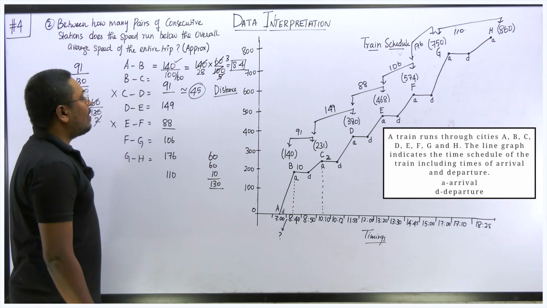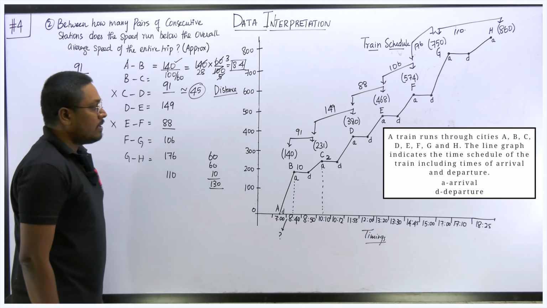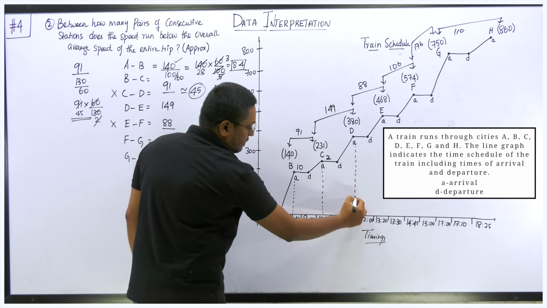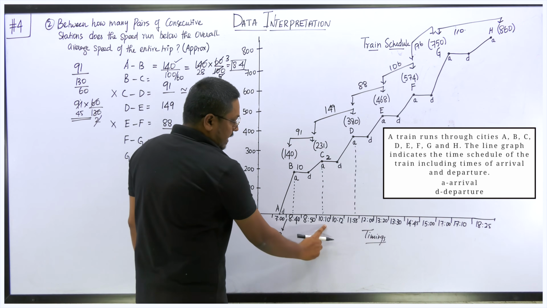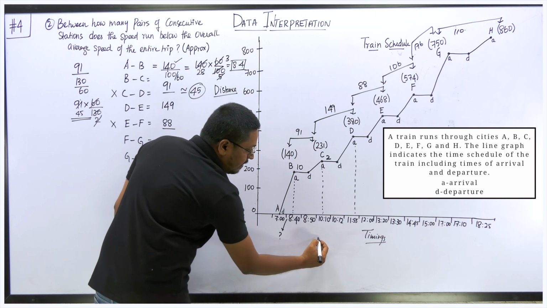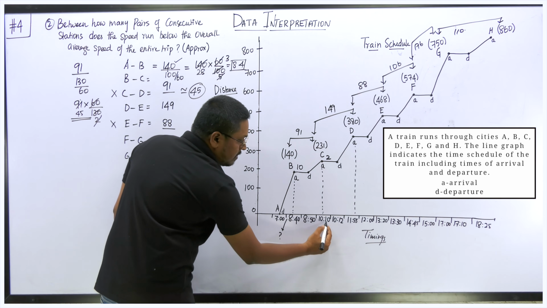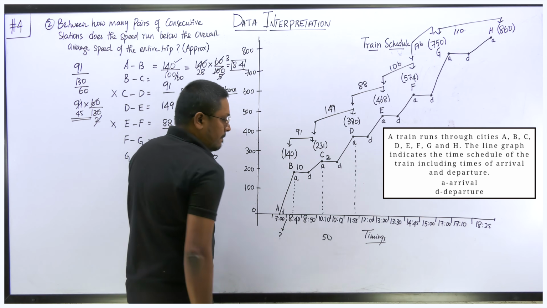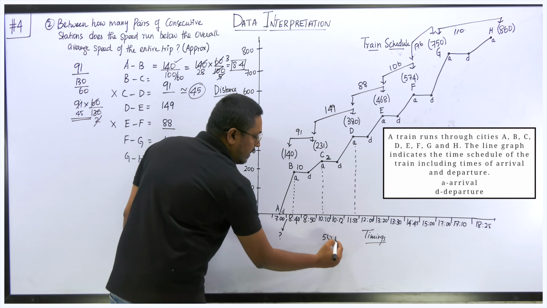So similarly go with all other remaining options. 149. So 149 station D, right? So 10 10 11:55. So this will be 50 minutes here, 11 o'clock, and then another 55.